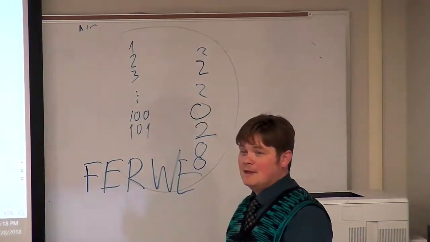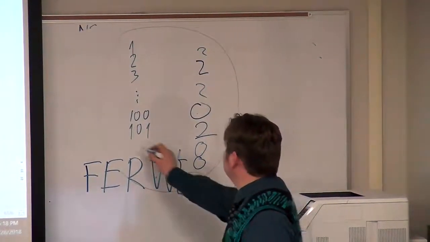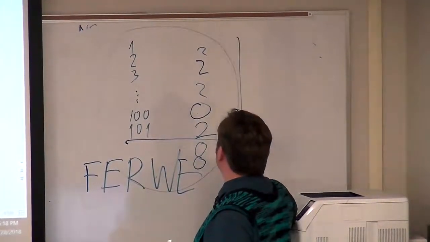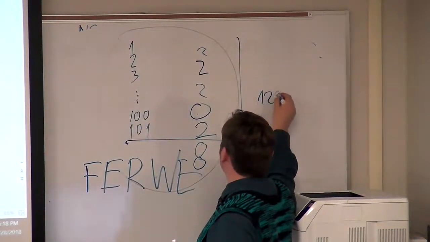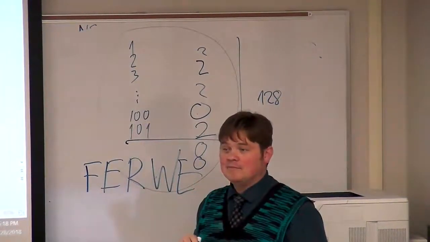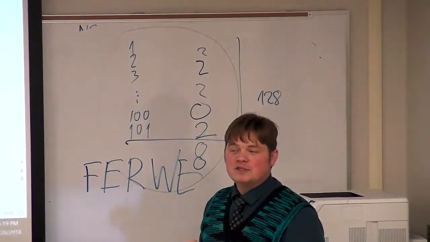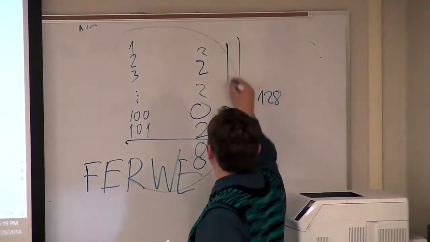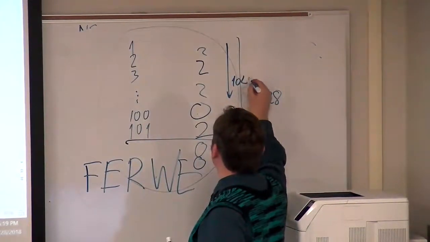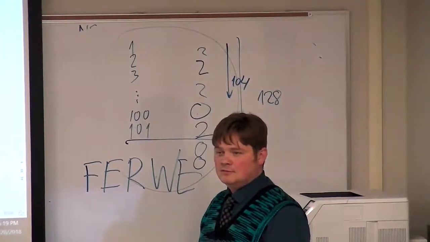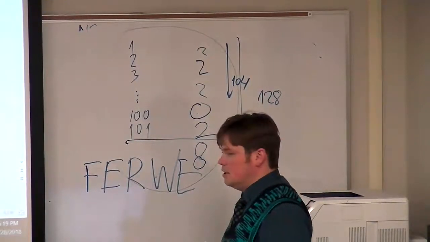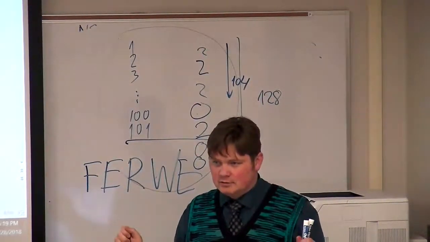Okay? Now, suppose that you have a total number of orbitals 128, right? Suppose we are talking about how many orbitals are occupied. Occupied 104, right? So, first, I am going to do nonsense.